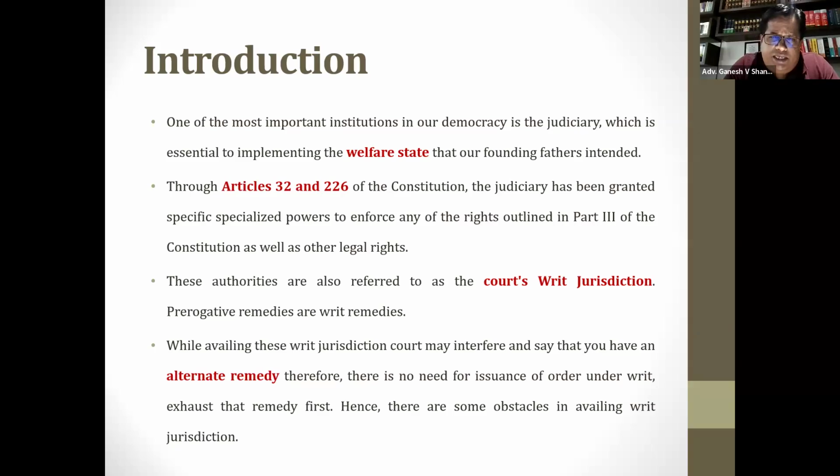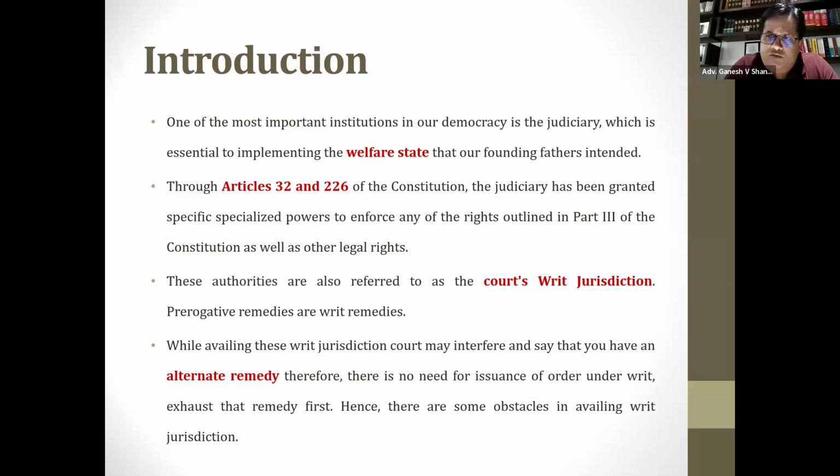These Articles 226 and 32 give very wide and extraordinary powers to the High Court under 226 and the Supreme Court under 32, to enforce the fundamental rights which are part of Part 3 of the Constitution. There are various fundamental rights.